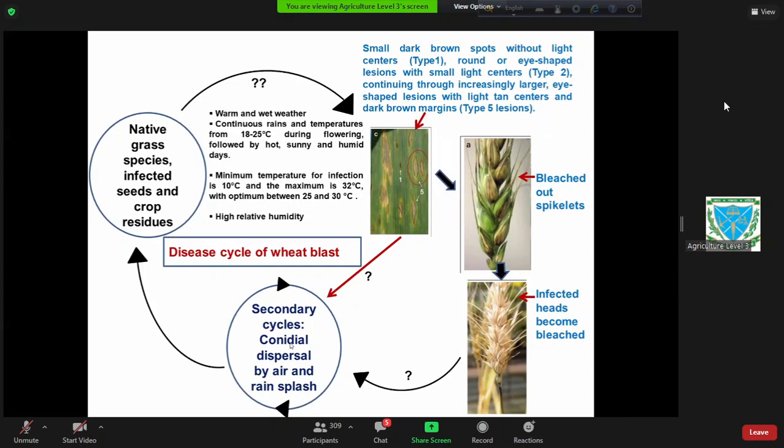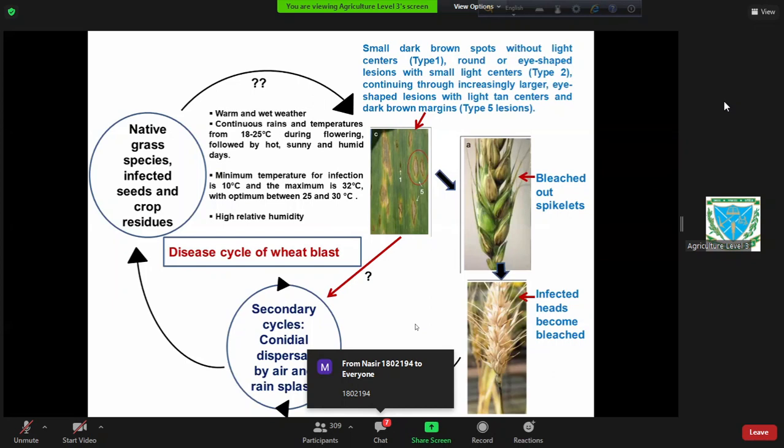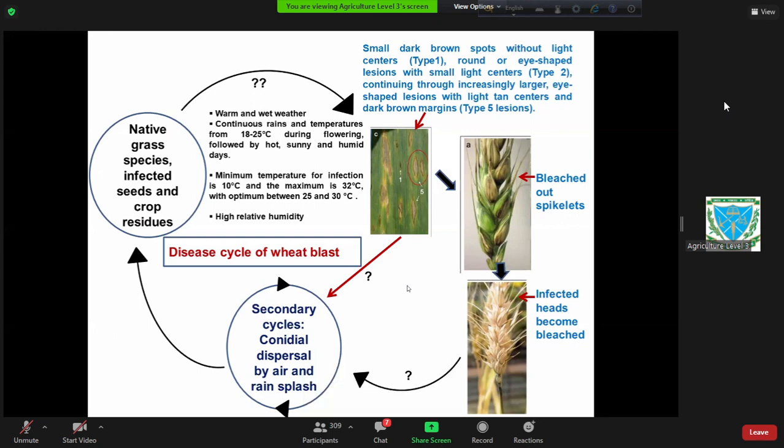Another is Bangladesh Wheat and Maize Research Institute, BWMRI, and another is Bangabandhu Sheikh Mujibur Rahman Agricultural University, Gazipur. These three components are trying to address many issues in this project. The deadline is coming April, so we are hoping to give some solutions against this disease.